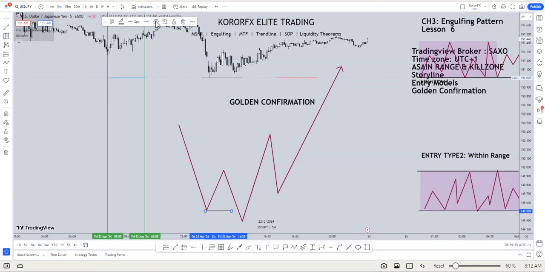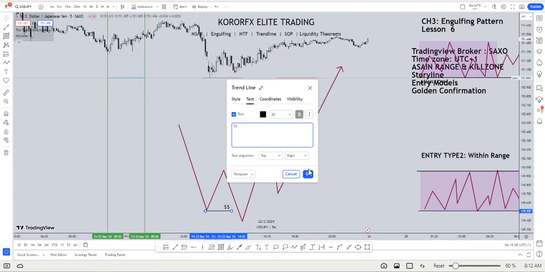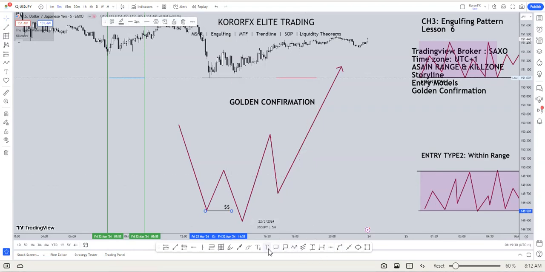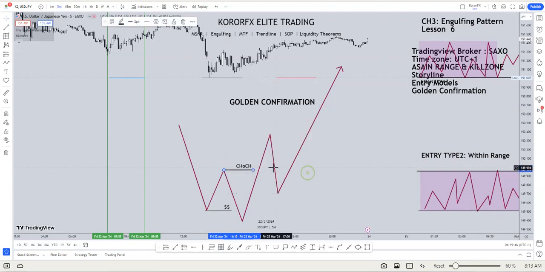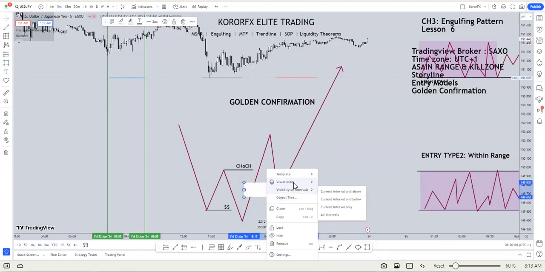Let me say this is a sweep of money or liquidity, and when the low is taken as liquidity, then what they wait for is a change of character. Then they wait for a pullback for entering somewhere here, like an imbalance or fair value gap, whatever you call it. All right, that's exactly how they always enter.